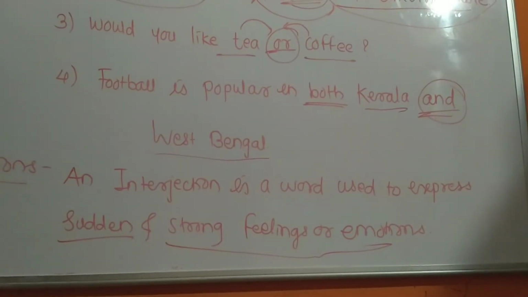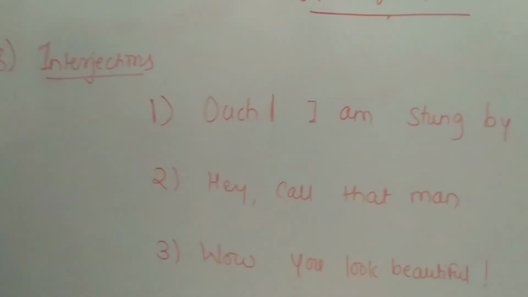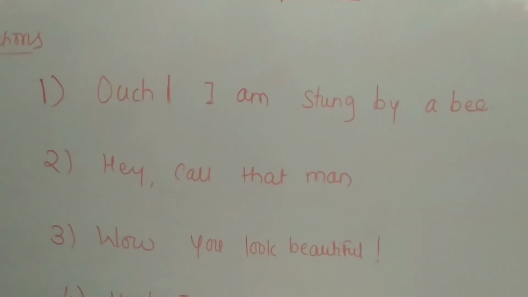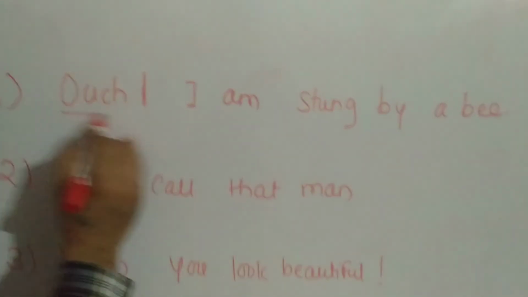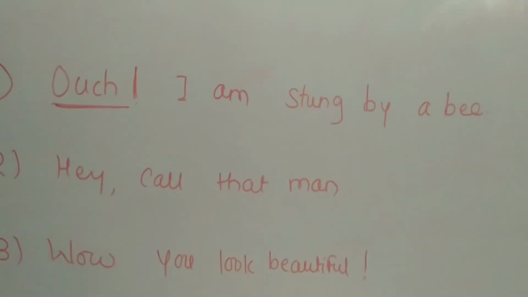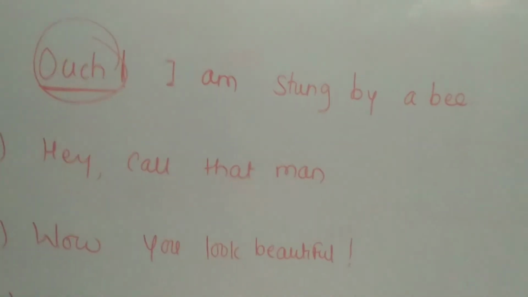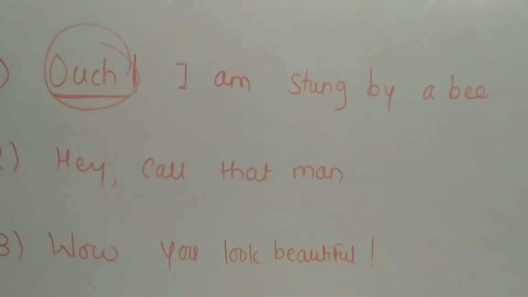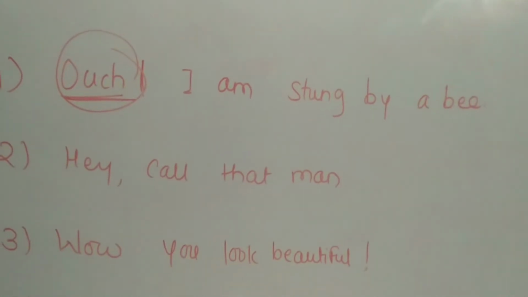Now see the examples of interjections. First one is: ouch, I am stung by a bee. Here ouch indicates an interjection. It expresses strong feeling in this sentence. That's why we can identify these words as interjections.